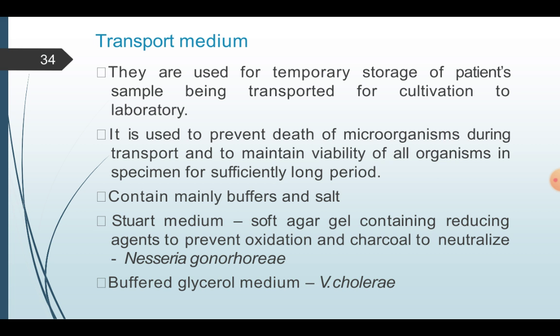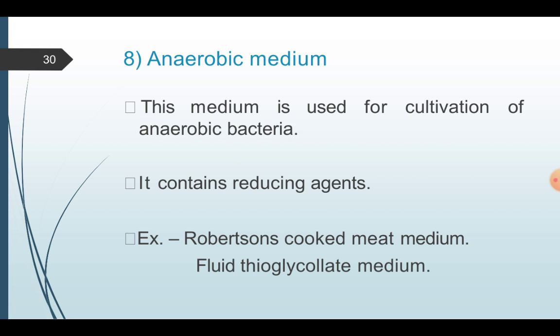They prevent death of microorganisms during transport and maintain viability of all organisms in the specimen for a sufficiently long period. They contain mainly buffer and salts. Stuart medium is a soft agar gel containing reducing agents to prevent oxidation and charcoal to neutralize toxic substances for Neisseria gonorrhoeae. Buffered glycerol medium is used for E. coli.